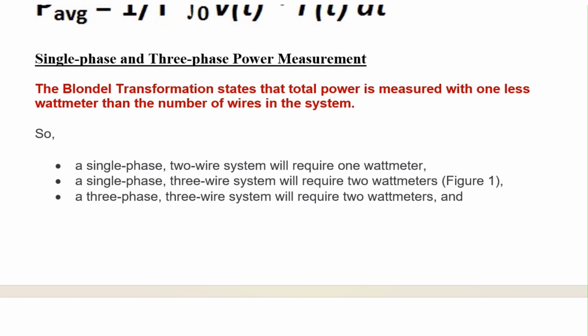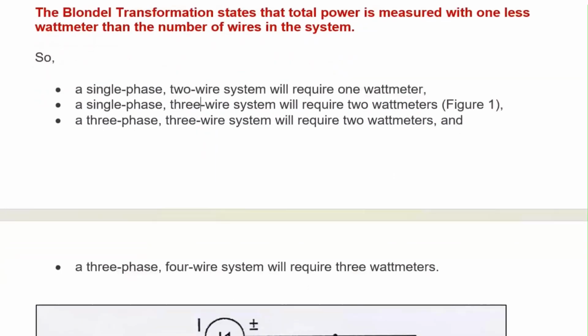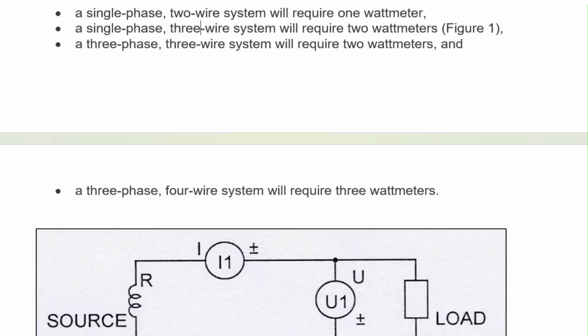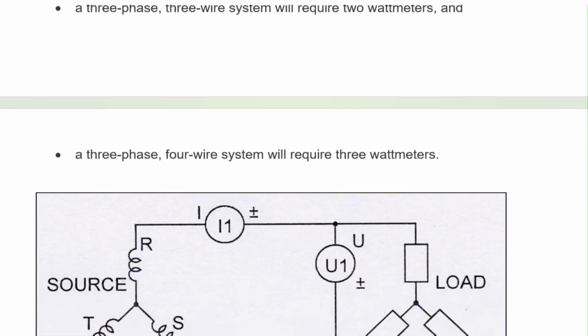So, in the case of single phase two wire system, we will require only one wattmeter, whereas in the case of single phase three wire system, we will require two wattmeters. In the case of three phase three wire system, we will require two wattmeters to measure the power, and in the case of three phase four wire system, we would require 3 wattmeters to measure the power.